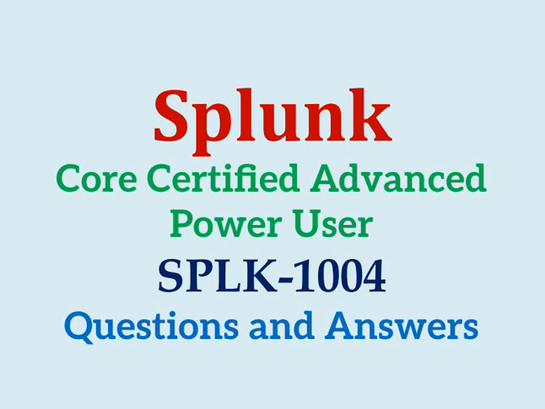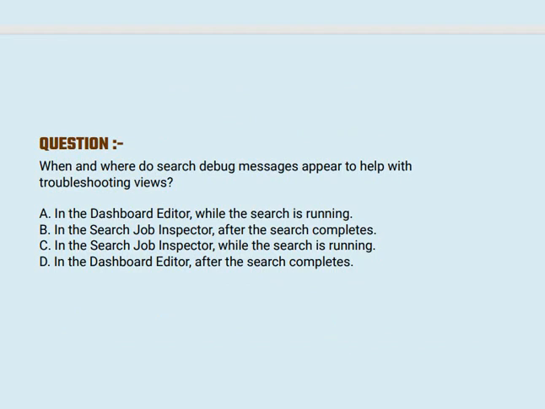Today's question is: when and where do search debug messages appear to help with troubleshooting views? Option A, in the dashboard editor while the search is running. Option B, in the search job inspector after the search completes.